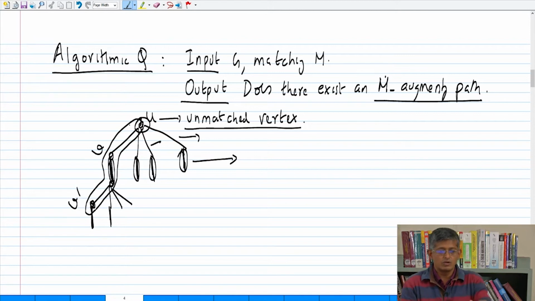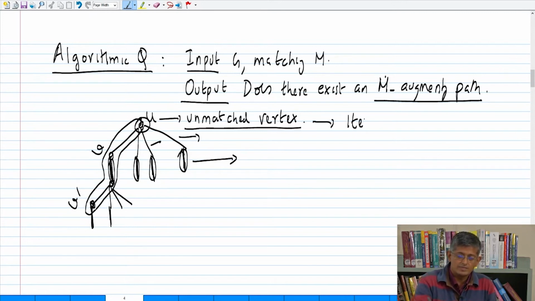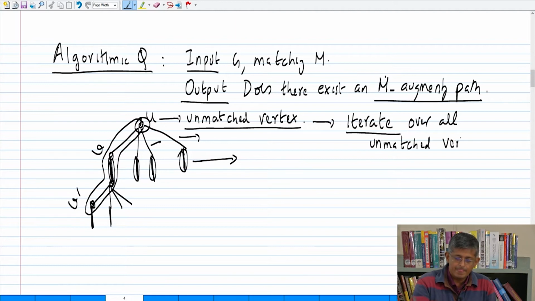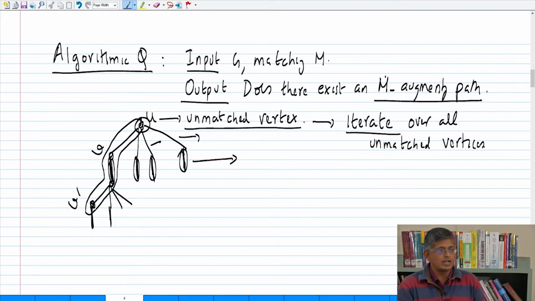Fine. So what was the question? The question is, does there exist an M augmenting path? So iterate over all unmatched vertices. So you have a matching, and you've now concluded that either you can increase the size of the matching by this procedure, or you can conclude that you can't increase the size of the matching at all by this procedure.